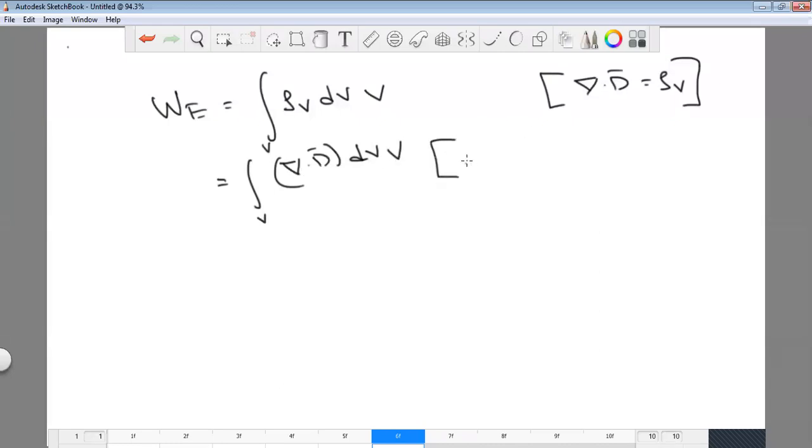Again, this equation can be rewritten by using the equation del dot A V.